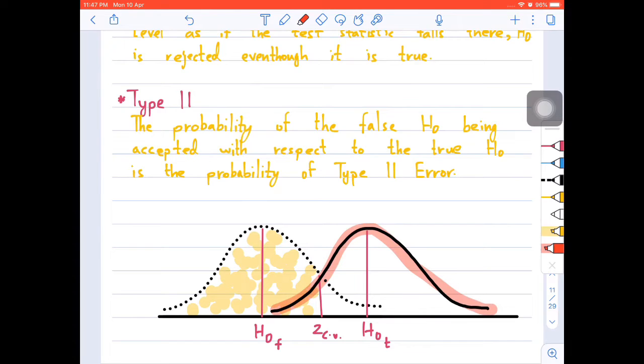With respect to this, we'll be finding the probability of the false H0 being accepted. So we'll be finding the probability of this region, that is the region behind the critical value.